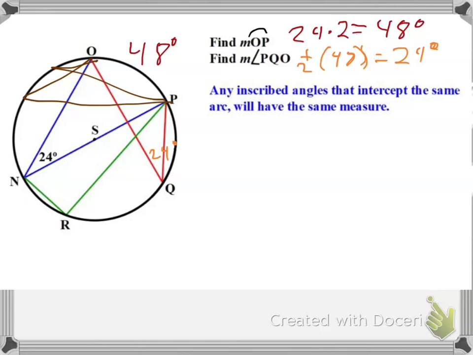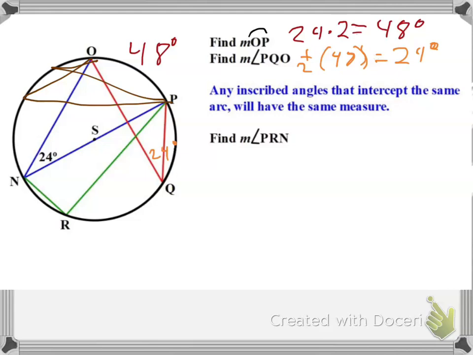All right, now what I want to do is find the measure of angle PRN. So that's the green angle there. Well, it doesn't tell us anything. Don't have any numbers, don't know what the arc is, except we do have segment PN, right? Segment PN goes through the center of the circle there, so that's a diameter.